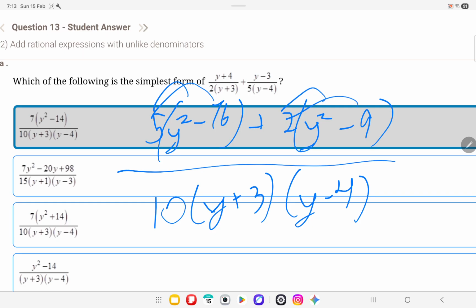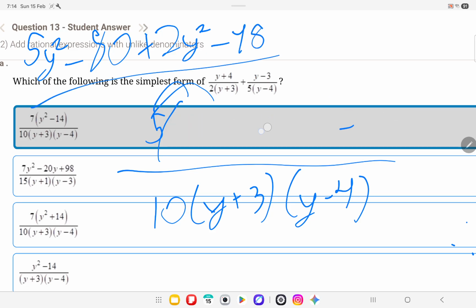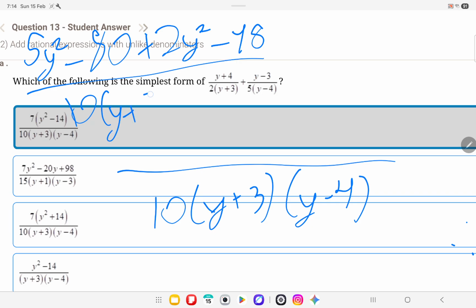Distribute, it will be 5 times y squared is just 5y squared minus 16, negative 16 times 5, which is negative 80, plus 2 times y squared, which is 2y squared, minus 2 times negative 9, which is negative 18, all over 10y plus 3 times y minus 4.